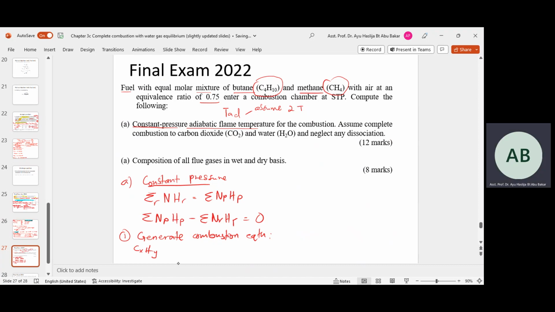This comes from the molar mixture, so 50-50, 0.5, 0.5. So you will generate one chemical formula for the mixture. Then find the A actual.